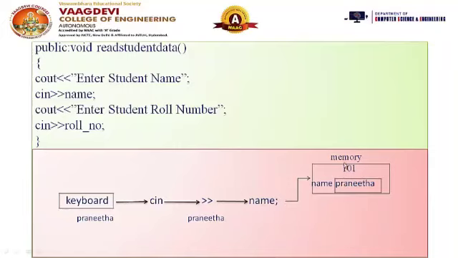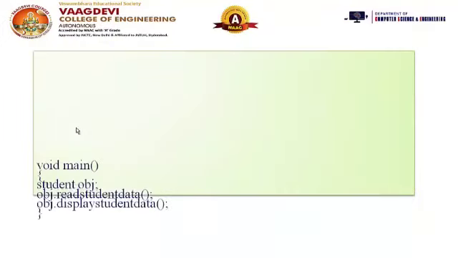This is how the value is stored in the variable inside the memory. After executing the read method, the control returns back to the main function.